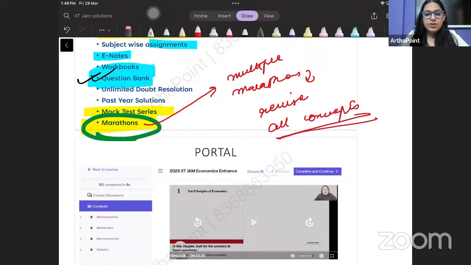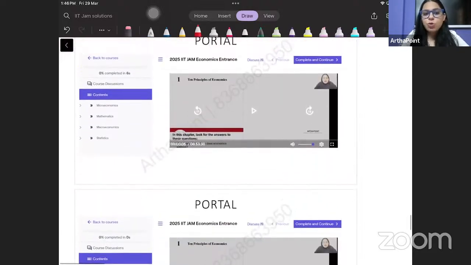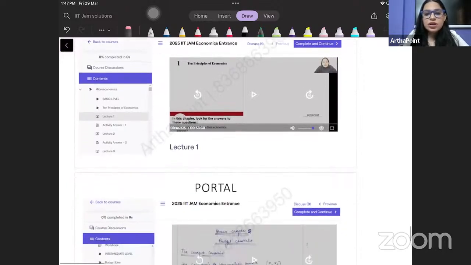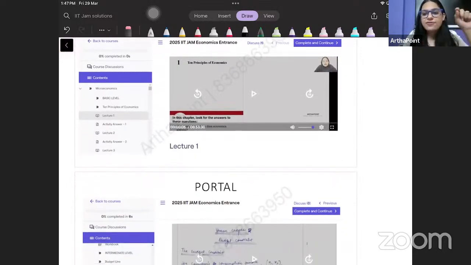Okay, beta. So this is how the portal looks. You can clearly see that different subjects are aligned on the portal: micro, macro, mathematics, statistics. Within the portal, you can see that after every lecture, there is some activity or homework given to you. Here we have the lecture on 10 principles of economics.